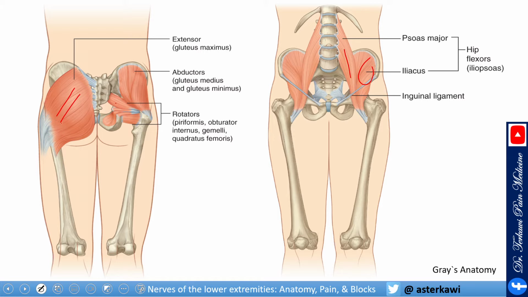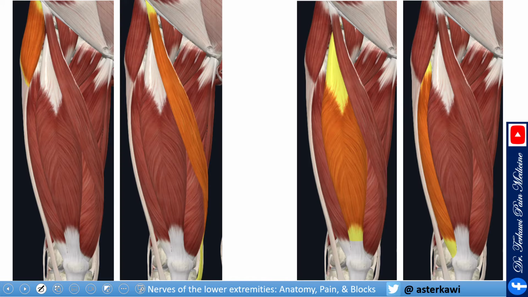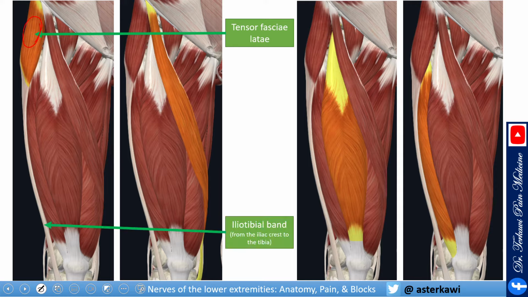Underneath that, you have the piriformis, a very important muscle. And then when we start to go down here, that's the tensor fascia lata, all the way up here. And then when you look here, the tensor fascia lata gives you the iliotibial band. So the continuation of that muscle is the IT band.